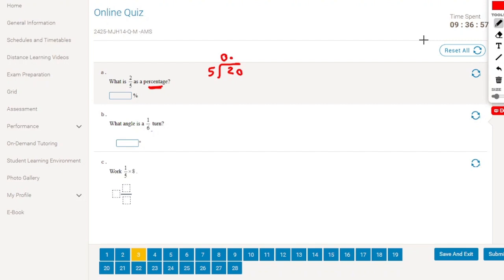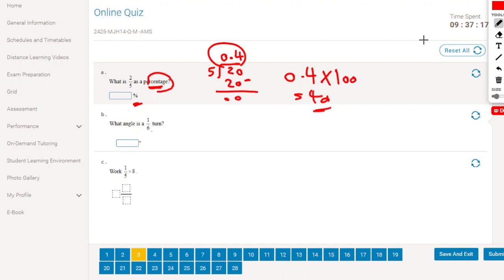So I'll put 0. 20 divided by 5 will be 4. 4 multiplied by 5 is 20, minus 20 is 0. So the answer will be 0.4. Now he wanted it as a percentage, so I will multiply by 100. So this will be equal to 40. So the answer here will be 40.